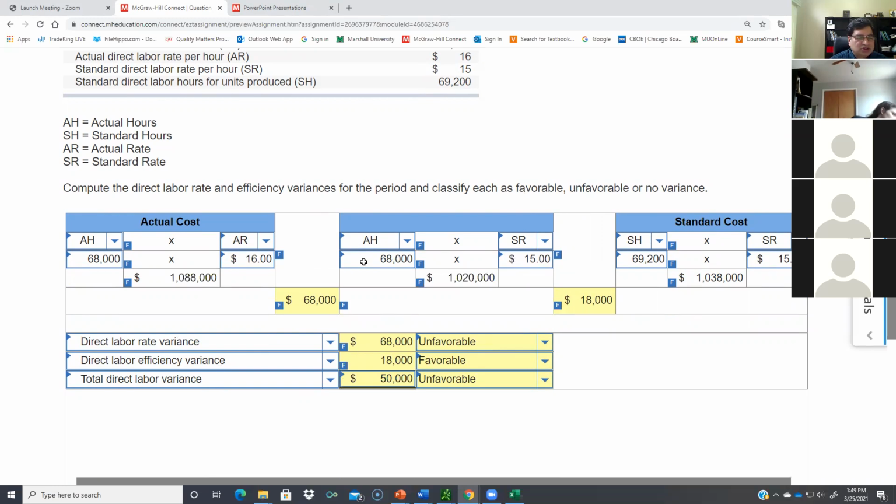So $1 times 68,000 gives you 68,000 unfavorable. Over here, you have 69,200 hours allowed. You use 68,000 hours, so you use less hours than were allowed. So the variance is favorable for 1,200 hours at $15 an hour for $18,000. That's about it.